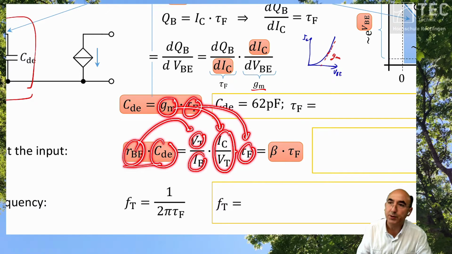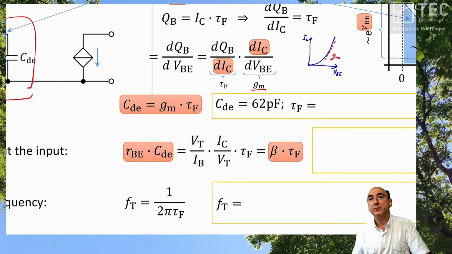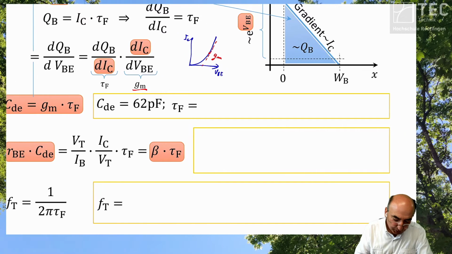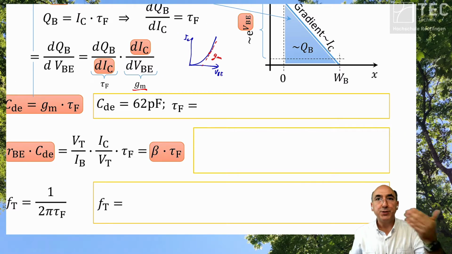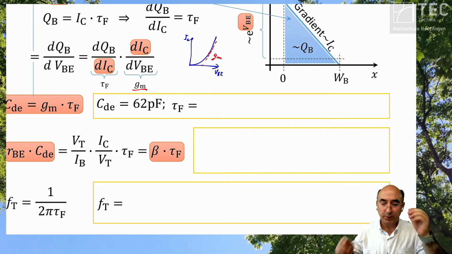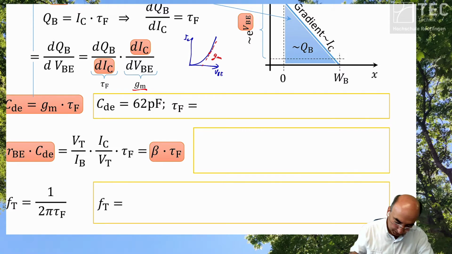So everything is known. Now let's calculate it. Let's take the values. You go to a small signal parameter measurement setup, the so-called S parameters.